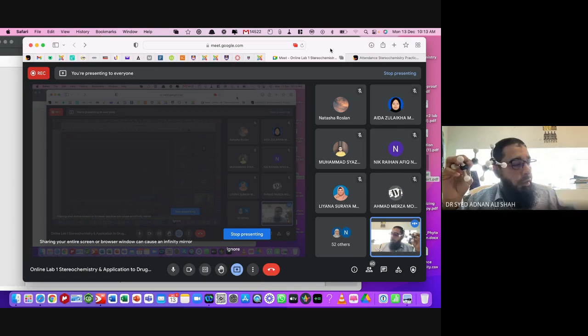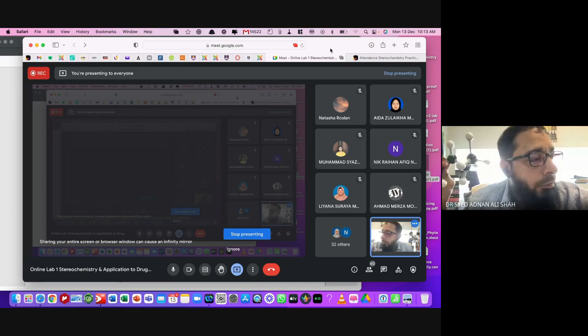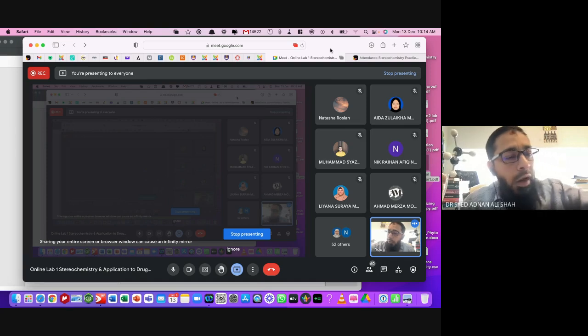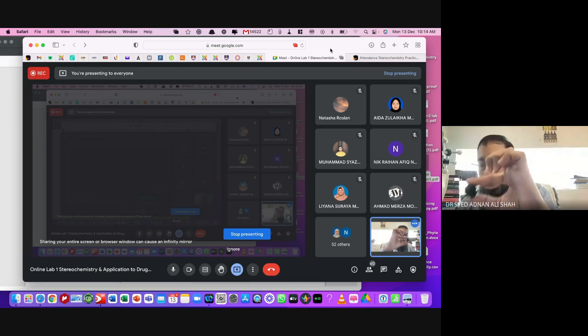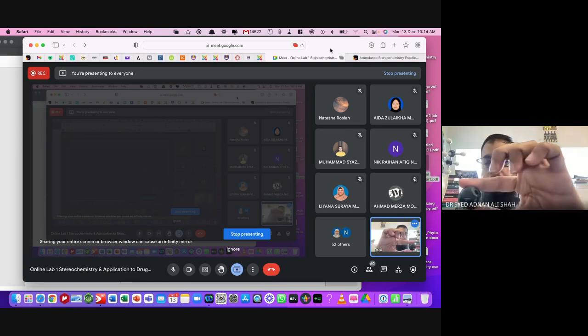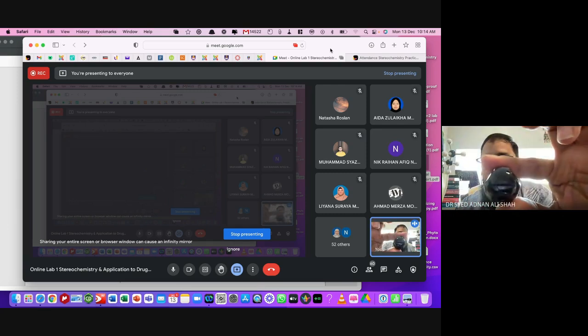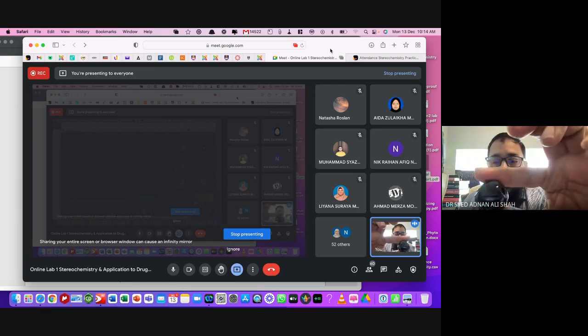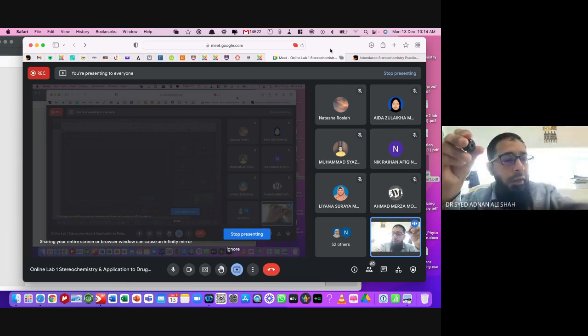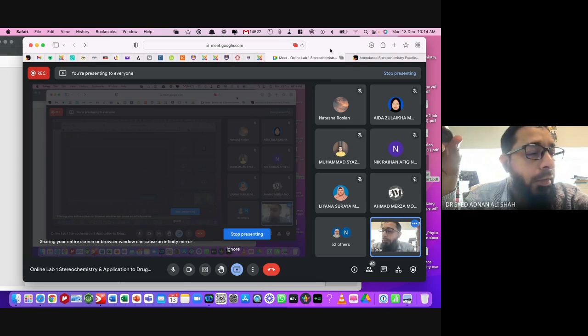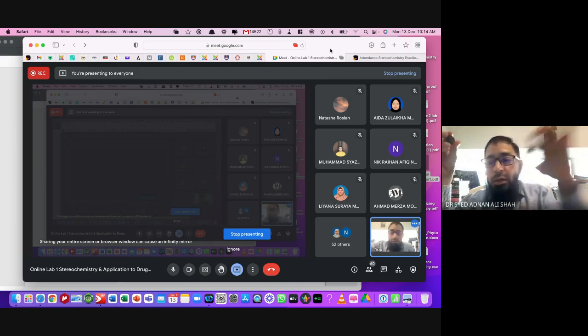This is how the carbon looks like. You can see this one, right? So this is how the carbon looks like, and then after this the hydrogens. So this is the hydrogen.